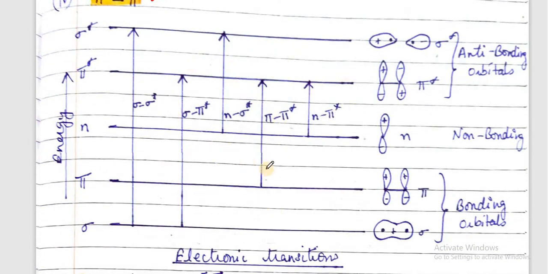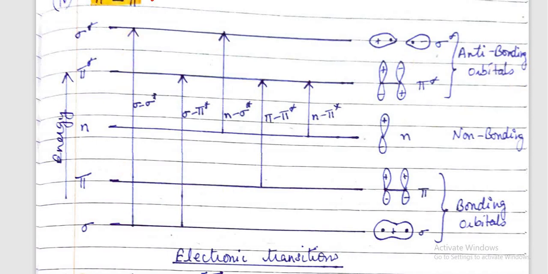The energy of sigma is lowest, then pi, then the non-bonding orbital, then the pi star anti-bonding orbitals, and then the sigma star anti-bonding orbitals. This is the increasing order of their energies, and electrons may be excited from sigma to sigma star.